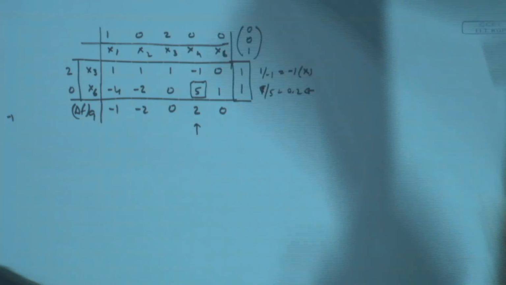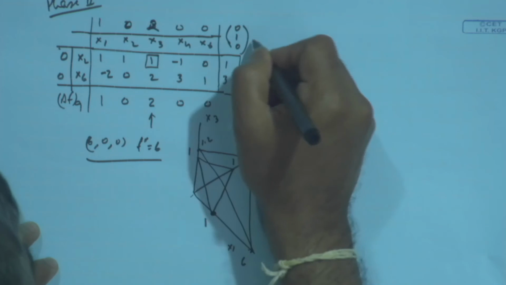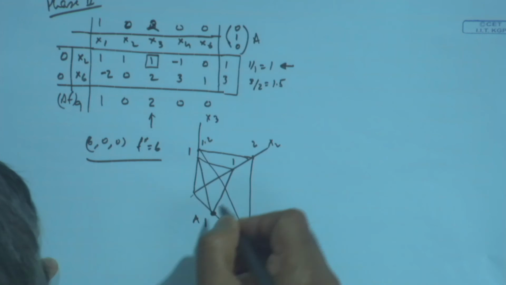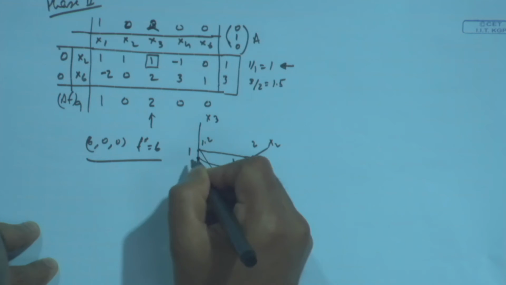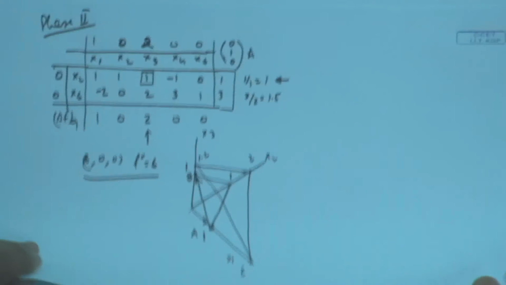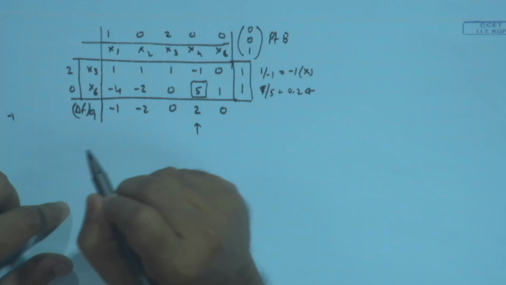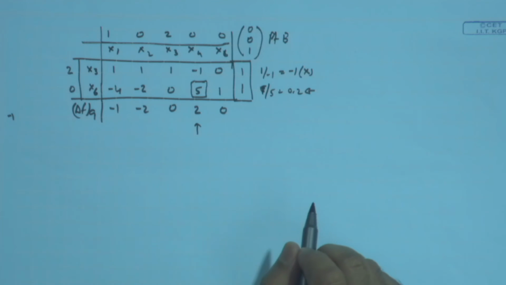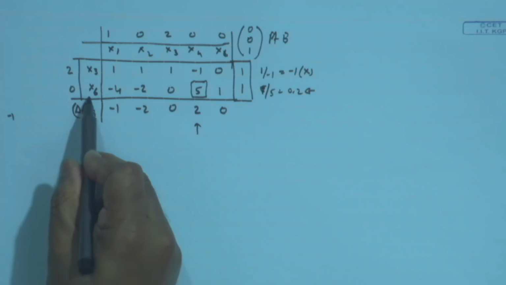So if I get to this plot, this is my first table, point A, and now we move to this. So we came this way and moved there. This is my point B, table B. I moved to 0, 0, 1. And now x4 has to be replaced with x6.